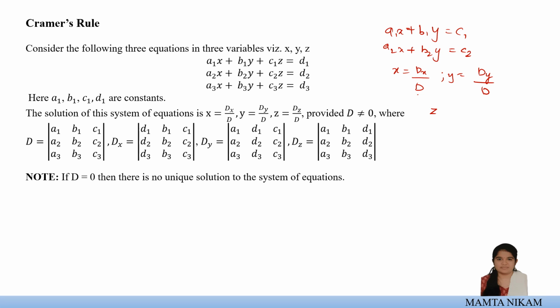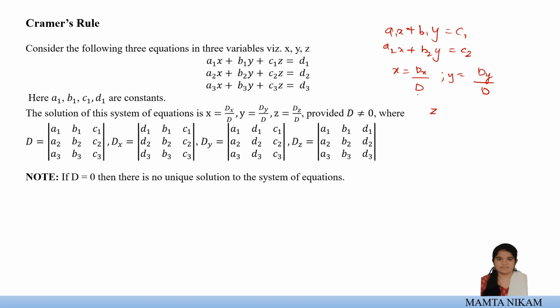So suppose we are having three equations, say a1x plus b1y plus c1z equal to d1, a2x plus b2y plus c2z equal to d2, a3x plus b3y plus c3z equal to d3, where a1 b1 c1 d1 a2 b2 c2 d2 a3 b3 c3 d3, all these are constants.